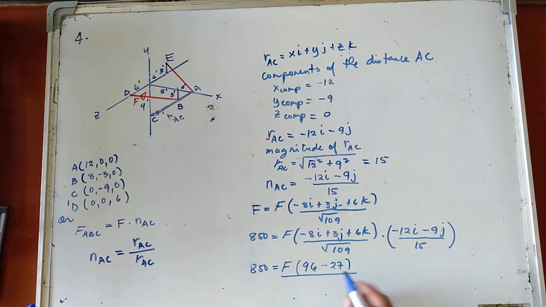Divide this by 15 the square root of 109. Hence, the magnitude of that vector is 850 times 15 the square root of 109 all over 96 minus 27. And this will still be equal to 1929.187 pounds.